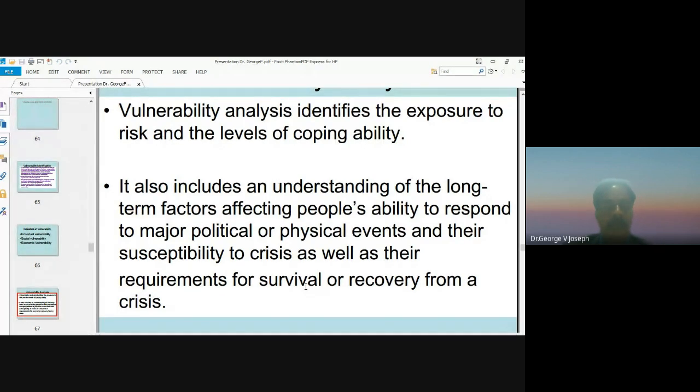Some hazardous events we can't stop, like earthquakes or major cyclones, but our coping capability, our resources, our plans, our mock drills, our systems can be strengthened. Thereby we can reduce the vulnerability.